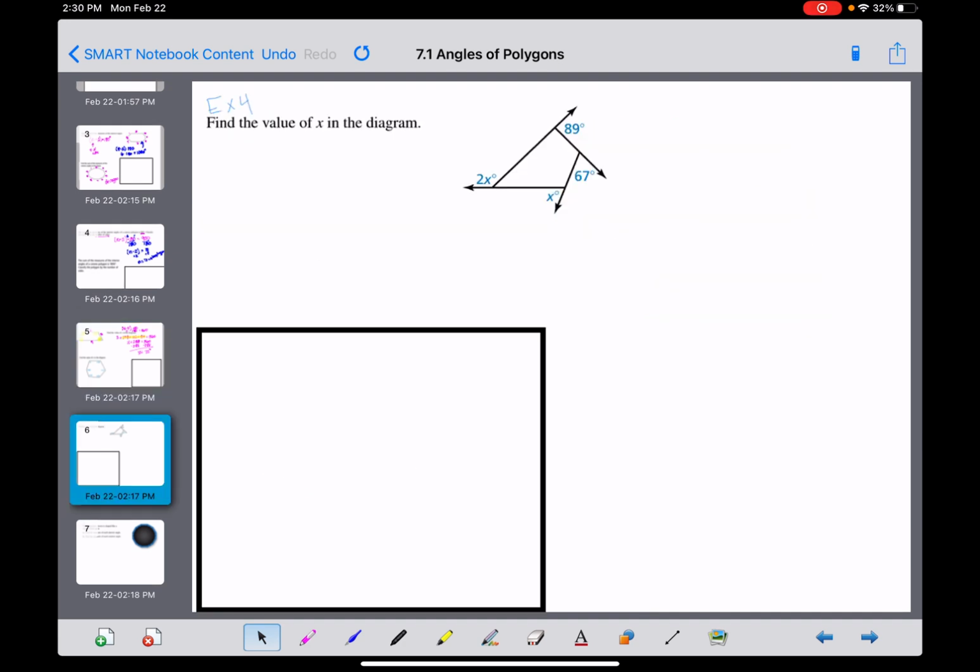So we talked about the interior of any polygon having the special formula of n minus 2 times 180. And the interior sum will change depending on how big or small the number of sides are. Well, the exterior angle sum is used for every single polygon.